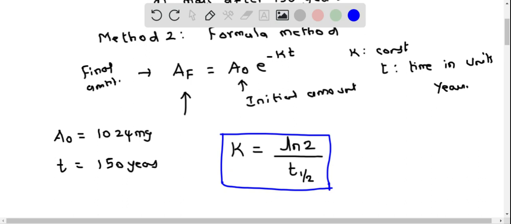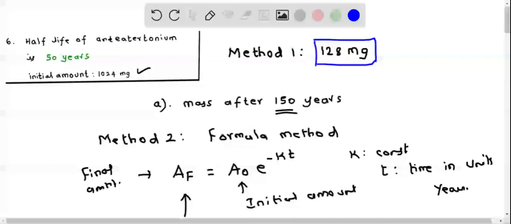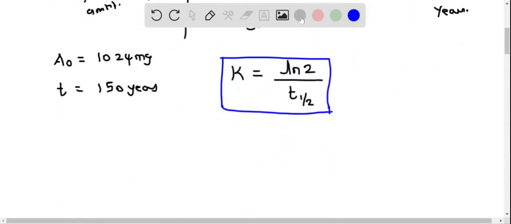The value of constant k is natural logarithm of 2 divided by T half, where T half is the half-life of the substance. So here we are given that the half-life of antiplutonium is 50 years. So we know that T half equals 50.